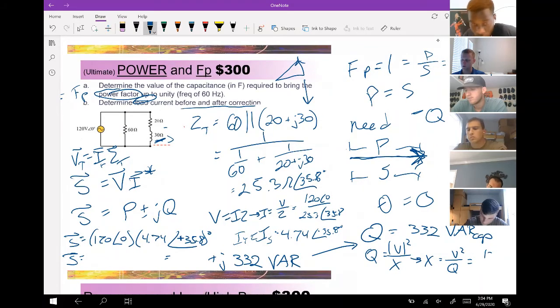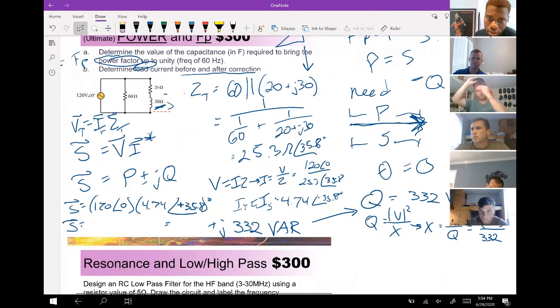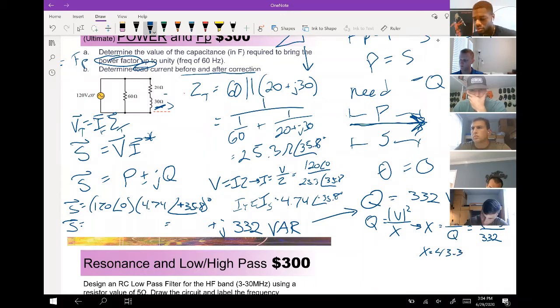V is 120. I don't need its angle. It's just the absolute value, which means the magnitude, so 120. That Q is 332. And that comes out to X equals 43.3 ohms.